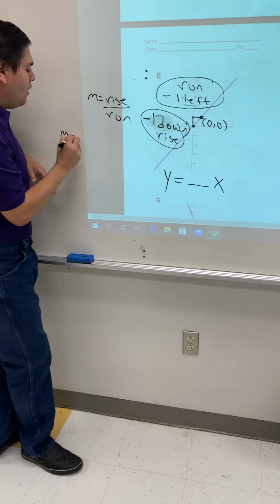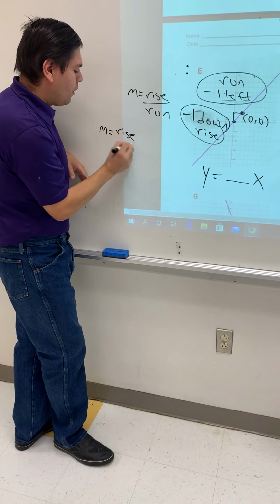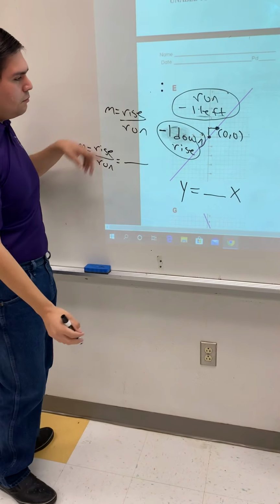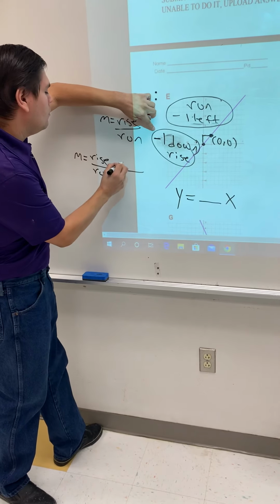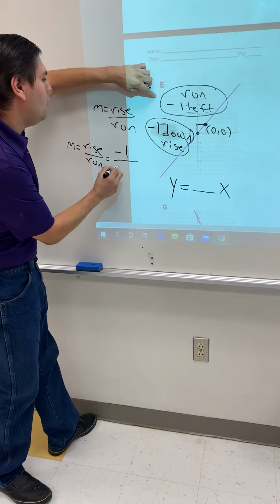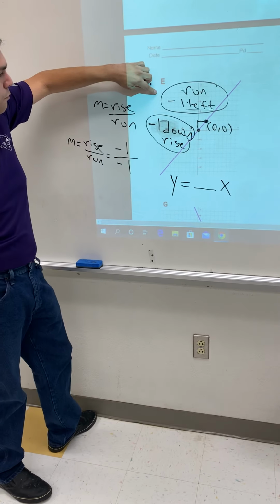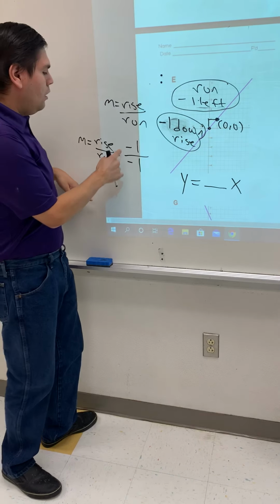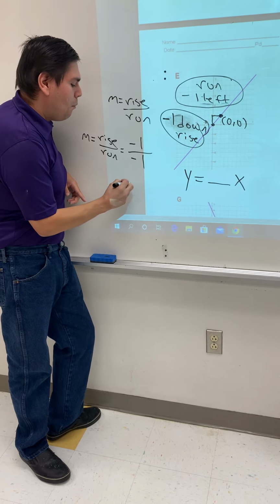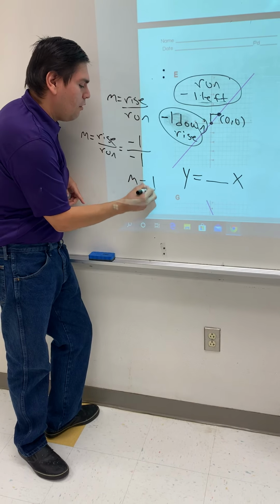So when I write it here, I know that my rise has a value of a -1, and my run has a value of a -1. So if I divide a -1 over a -1, my slope becomes a +1.